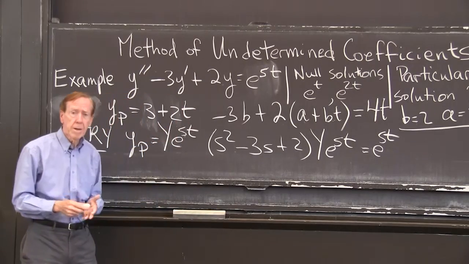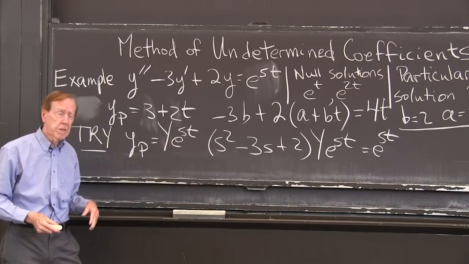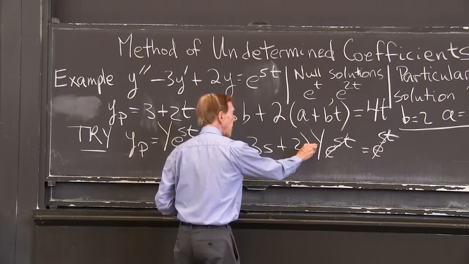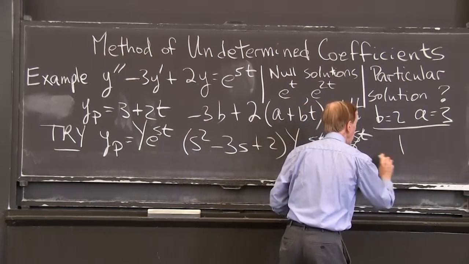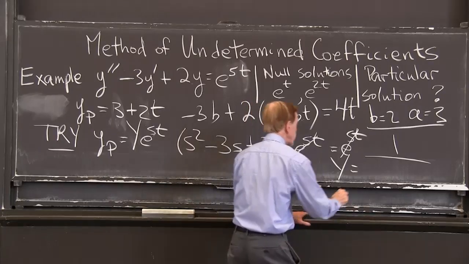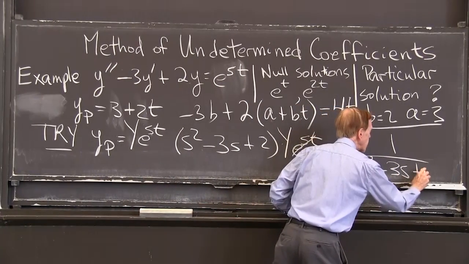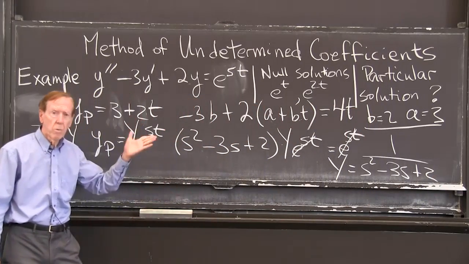We can do that. That's a perfect match. The left side has the same form as the right side. I can cancel the e to the st's, and I discover that y is 1 over s squared minus 3s plus 2. Good. That's the coefficient, 1 over that.